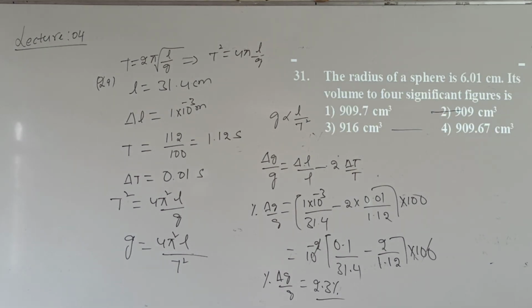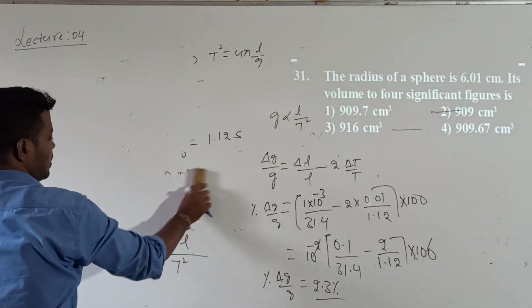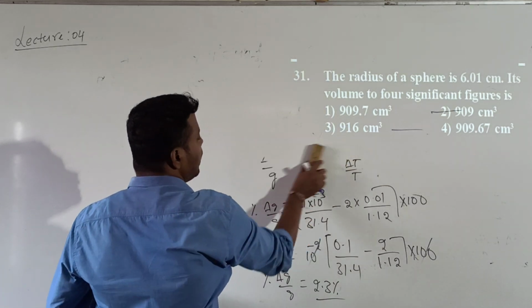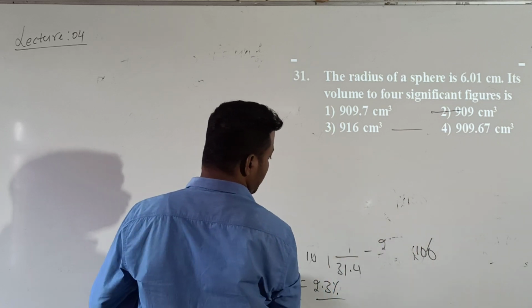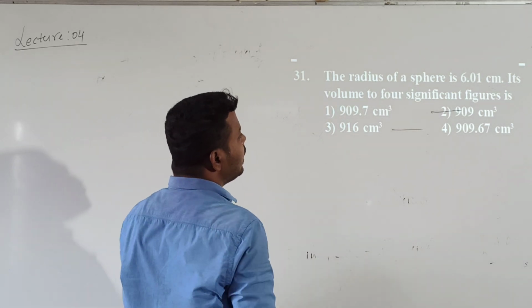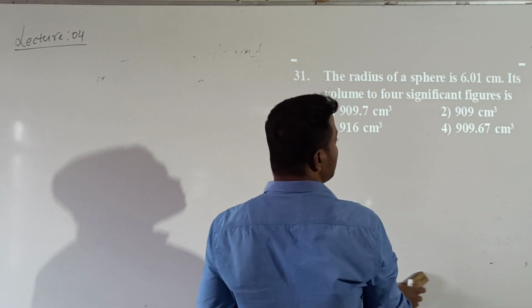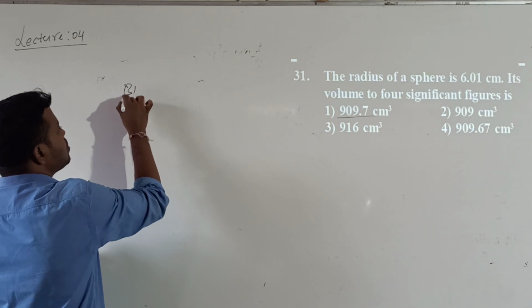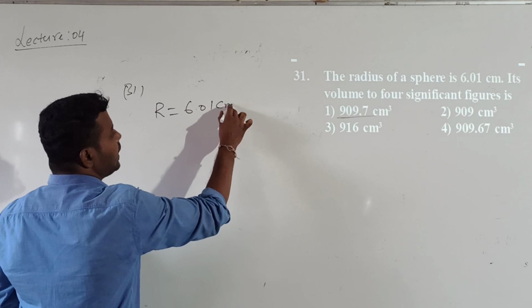Next, question number 31. Simple question. The radius of a sphere is given, and the volume is to be given to 4 significant digits. Directly you can tell in which case there are 4 significant digits. R value is 6.01 centimeter.